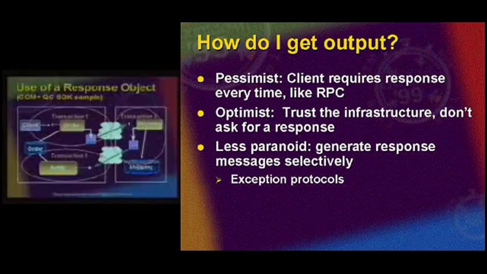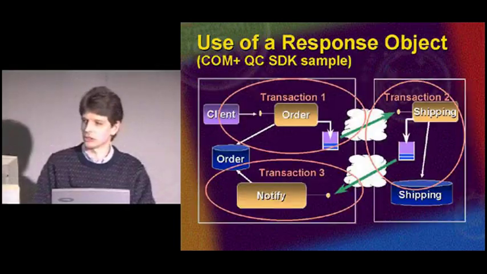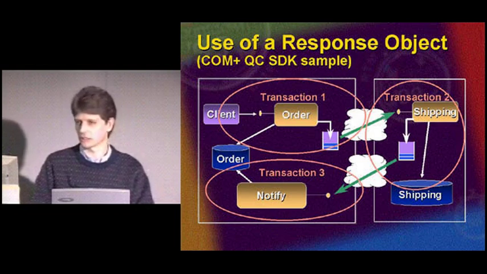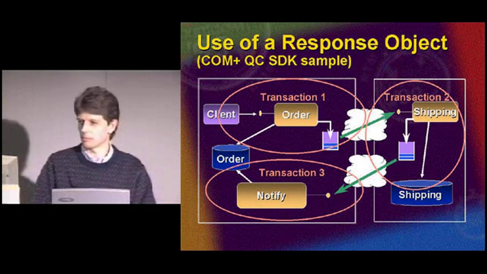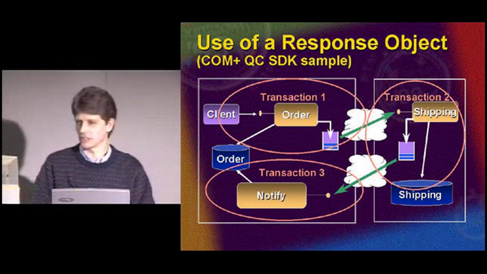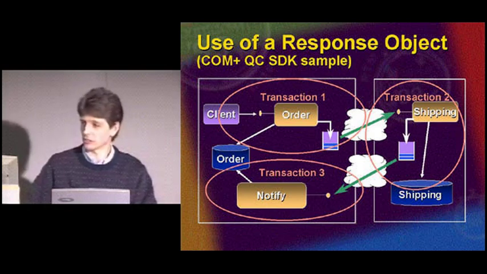So going back to the request-response type protocol, where I want to get a response every time I do a request, we can use what QC calls a response object. Essentially what happens is the client, in this case the order component, passes a reference to another component which happens to be sitting on that node, or any other node for that matter, to the shipping object.